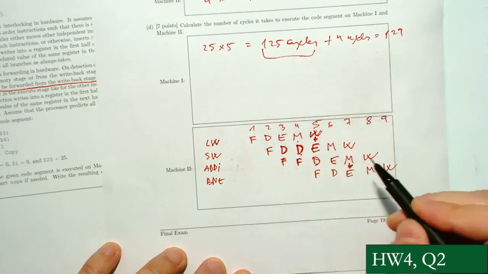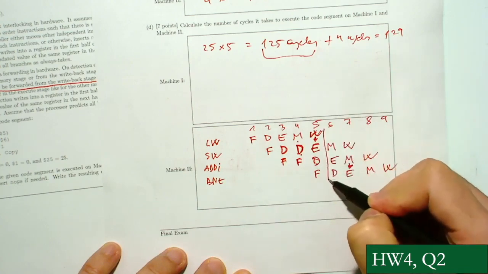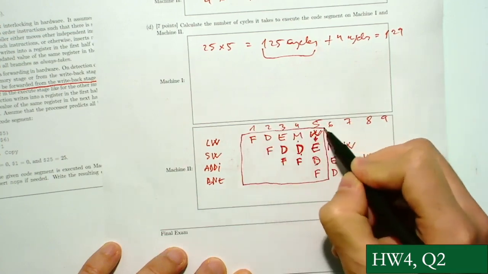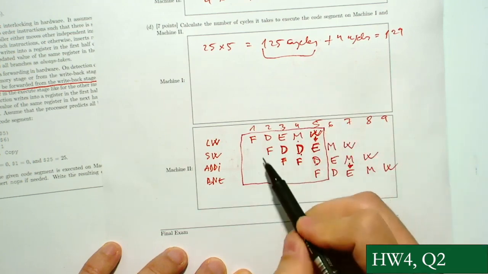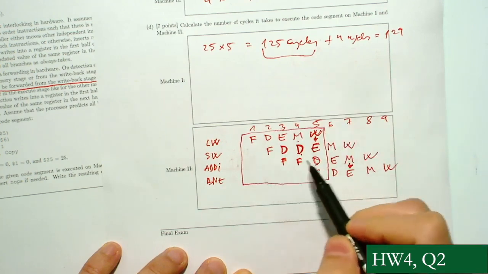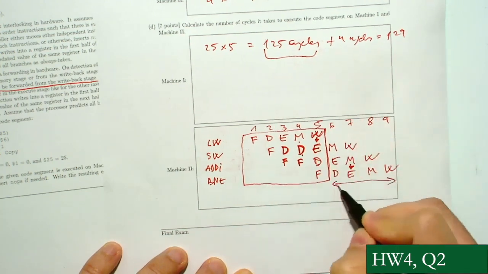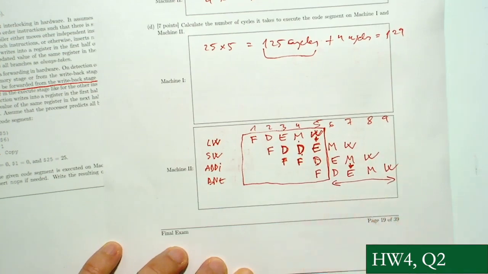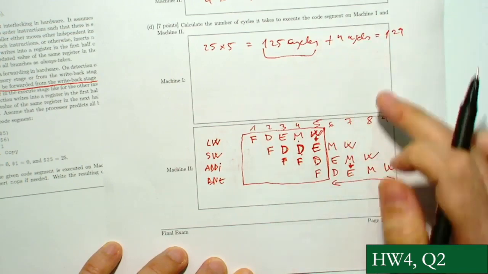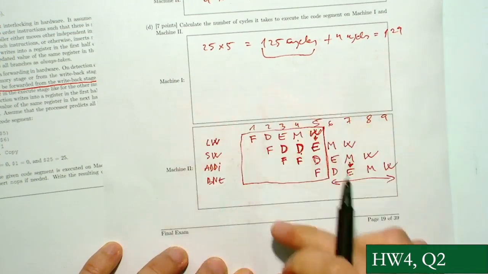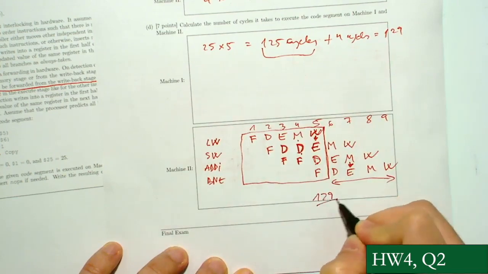So we have in each loop 5 cycles, and then in the final loop we need 4 additional cycles to finish the last instruction. So basically, it's the same number of cycles as machine 1 and machine 2 executing the same number of cycles, 129.